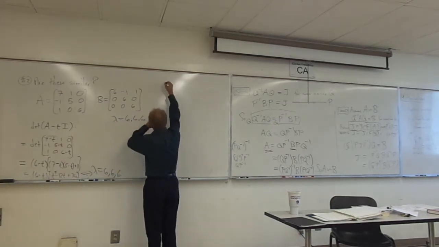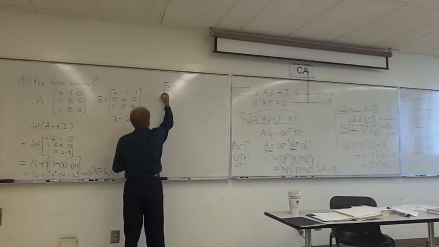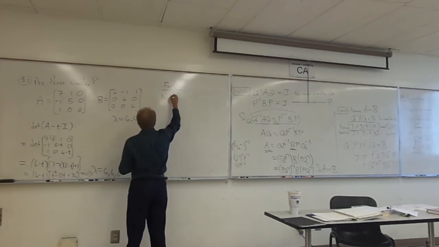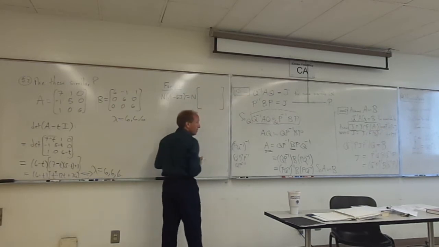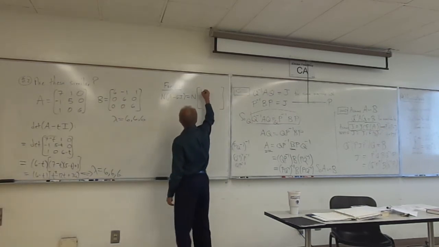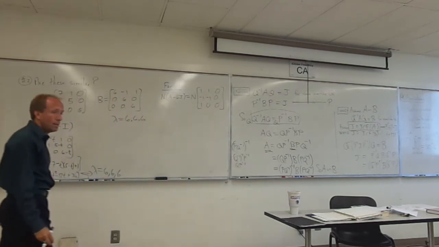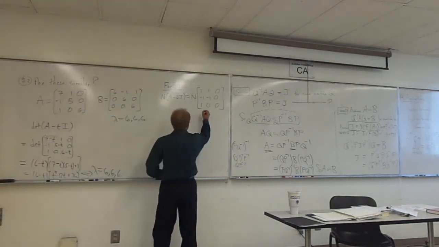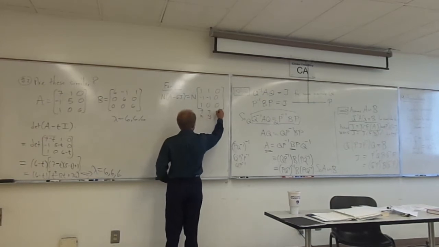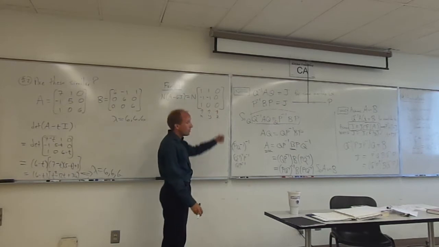So for capital A, we're going to look at the null space of A minus 6I, which means the null space, I'm using capital N for the null space. I'm going to subtract 6 from the main diagonal. And you guys should check me that I did it right. I'm going to get that matrix. If I think about these columns as corresponding to variables, notice that the last line tells me that x is 0.